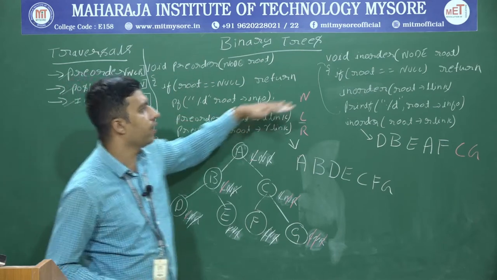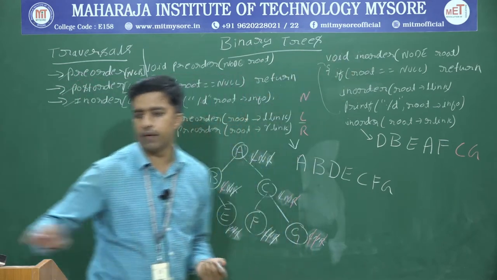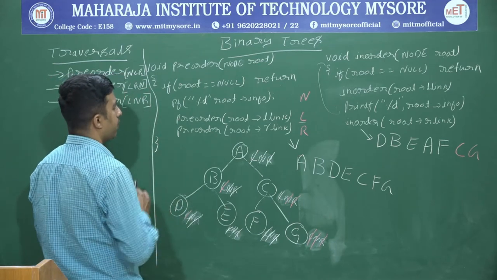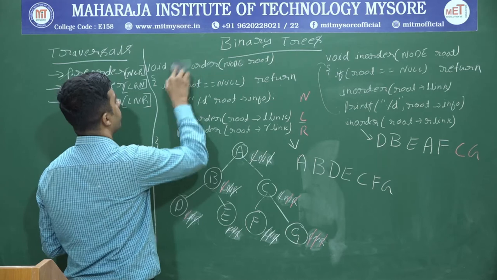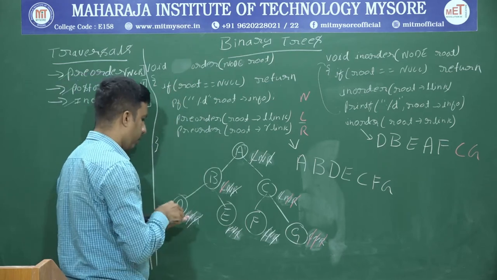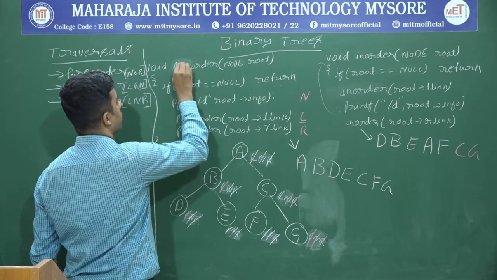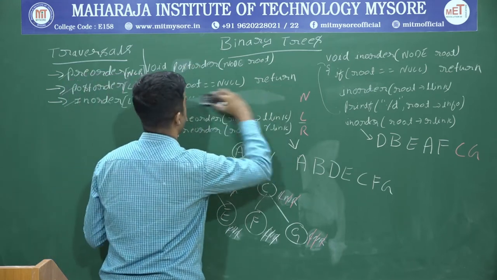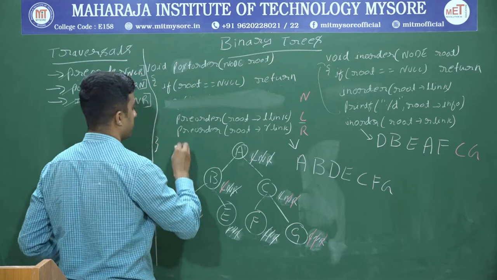Okay. This is pre-order, this is in order. Okay. I will explain the post order. Post order is simple. See, the only thing is I want to modify here, only post order. See, the printf statement comes at a later position.